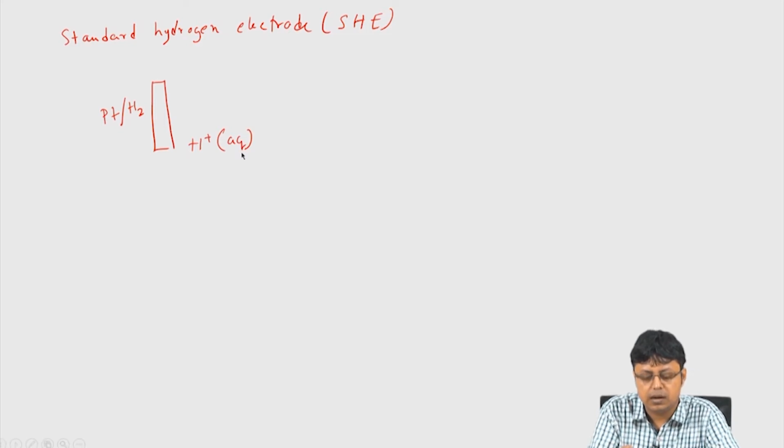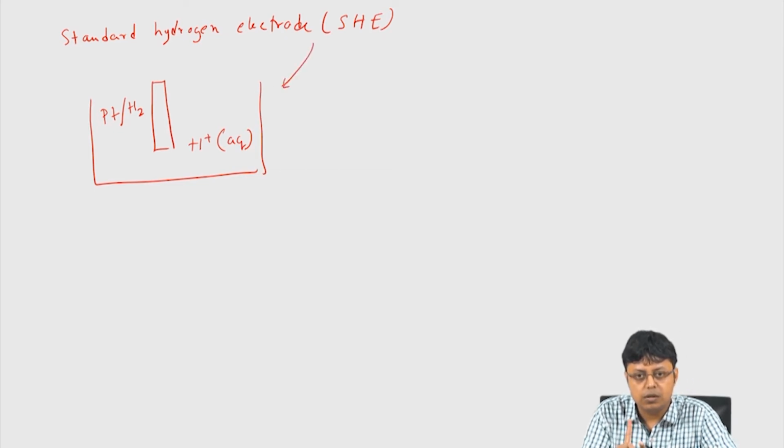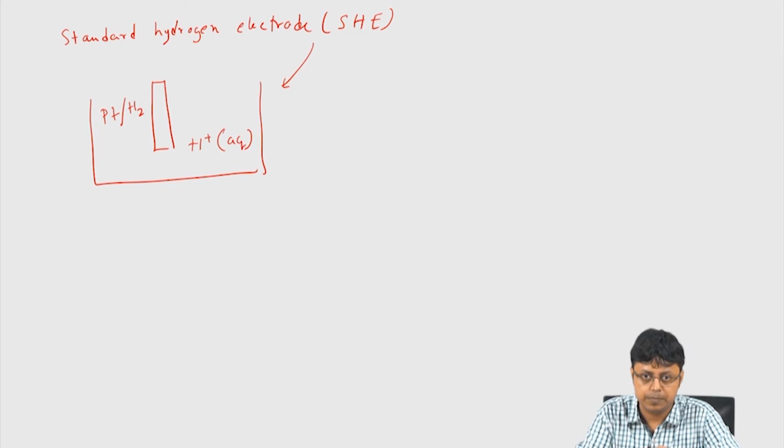Usually you take it as 1 molar HCl, and that half cell we call the standard hydrogen electrode. So, everything will be measured with respect to this standard hydrogen electrode only.